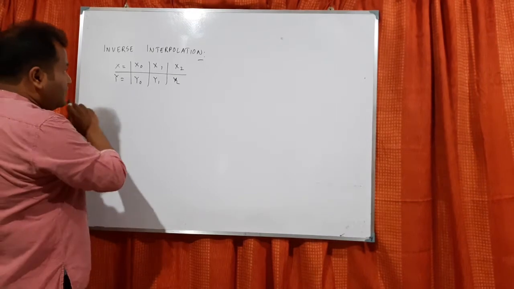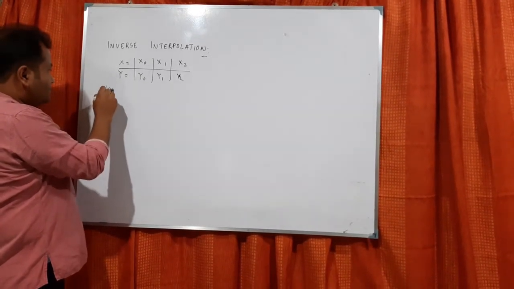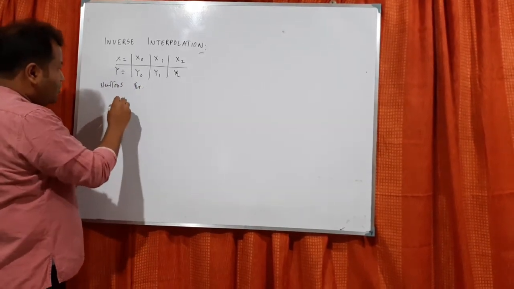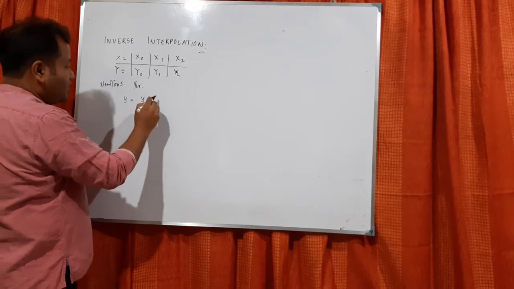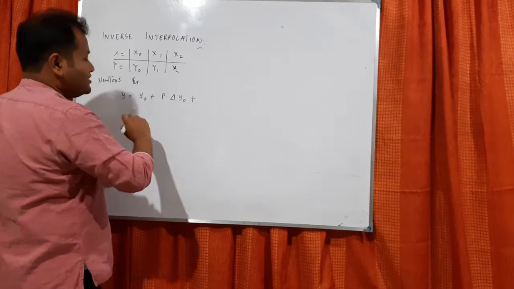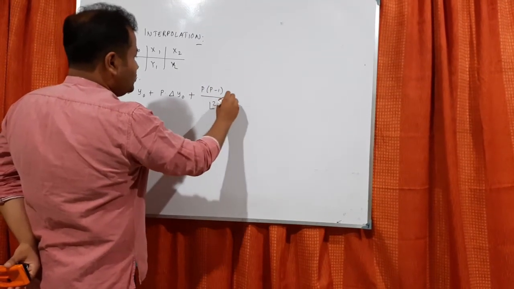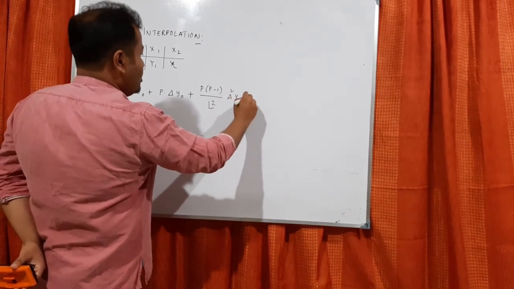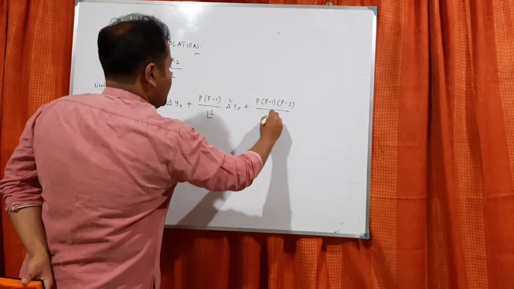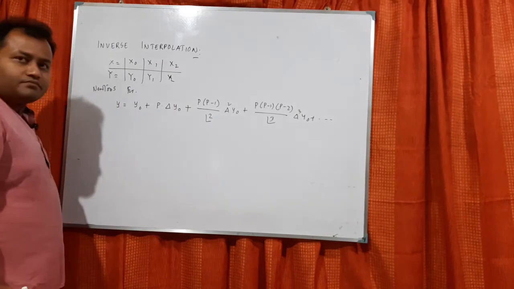Now from Newton's forward interpolation formula, we know y can be written as y0 plus p times delta y0 plus p into p minus 1 by factorial 2 times delta square y0 plus p into p minus 1 into p minus 2 by factorial 3 times delta cube y0 and so on.